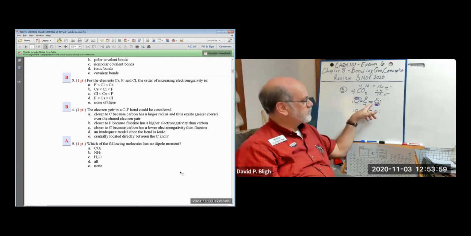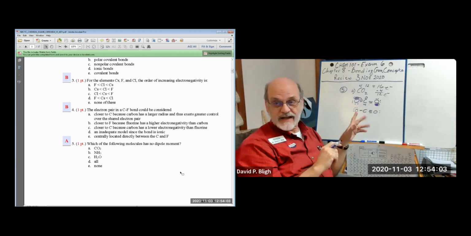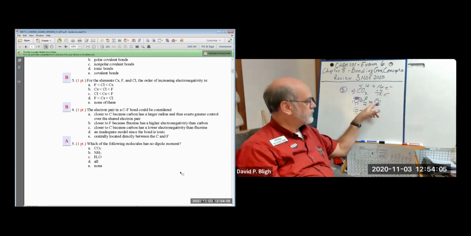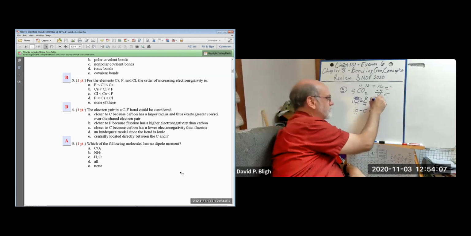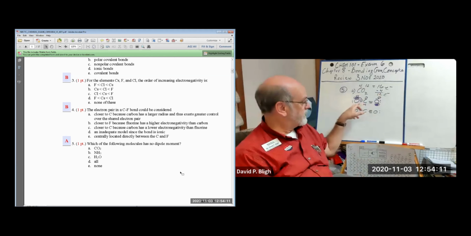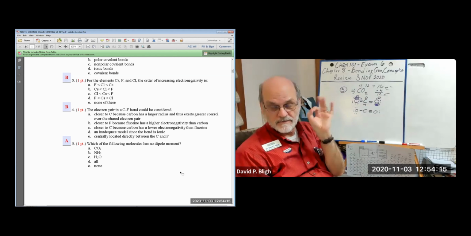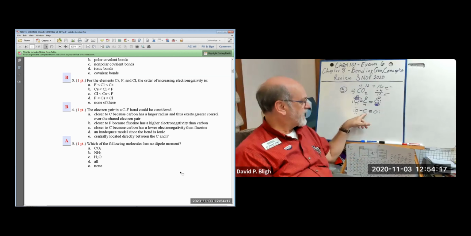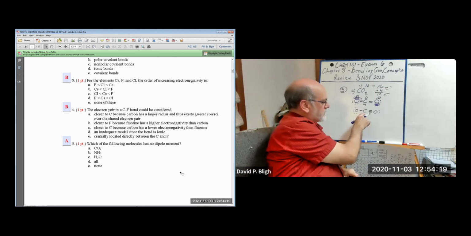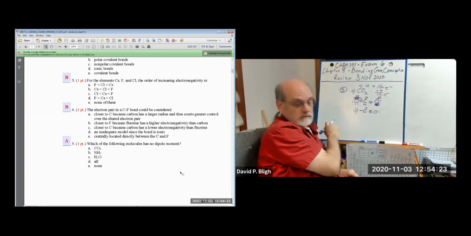How about the formal charge for oxygen? Well, oxygen has 6, right? How many does it have in this molecule? 1, 2, 3, 4, 5, 6. So all the atoms in this representation are formal charge 0. In this case, carbon still has 0, because it's 1, 2, 3, 4.